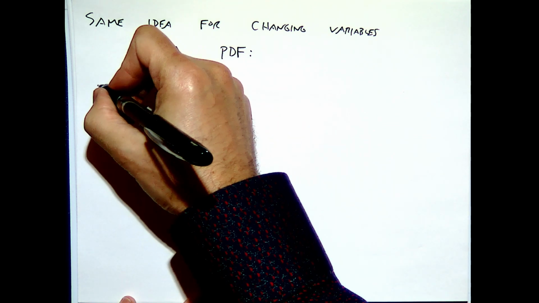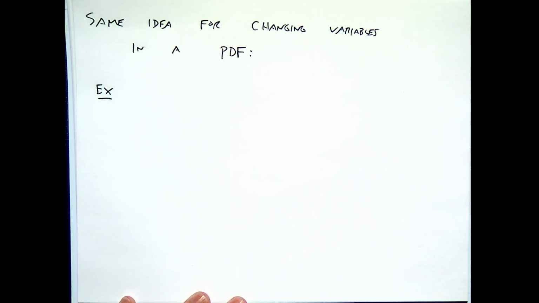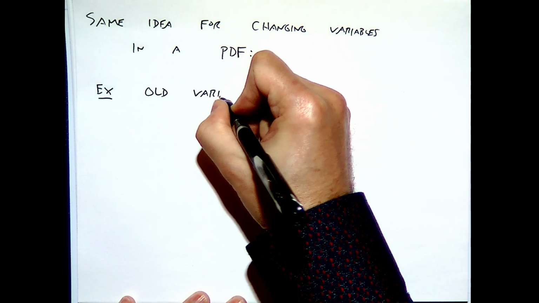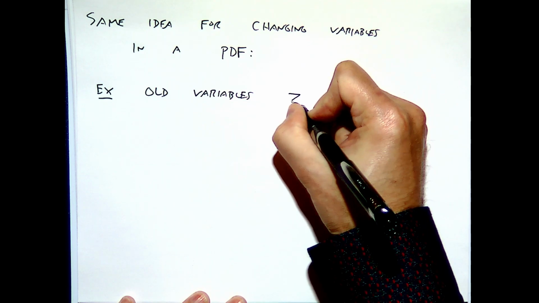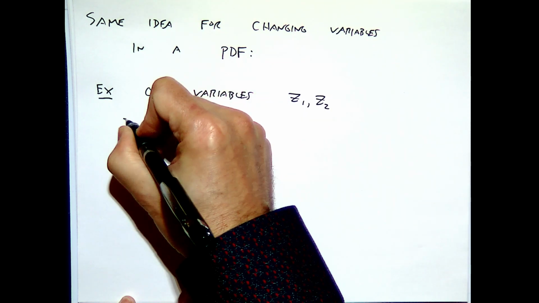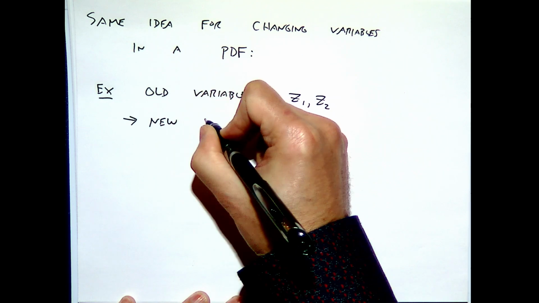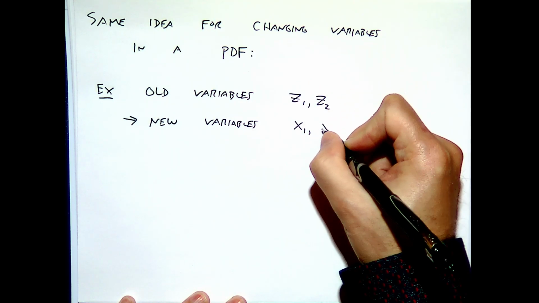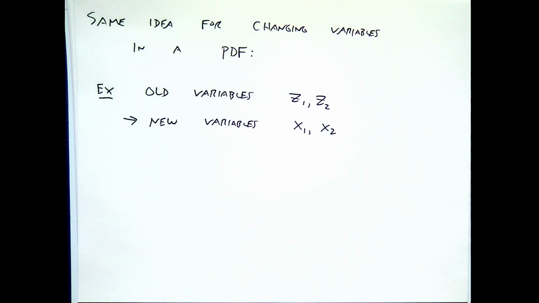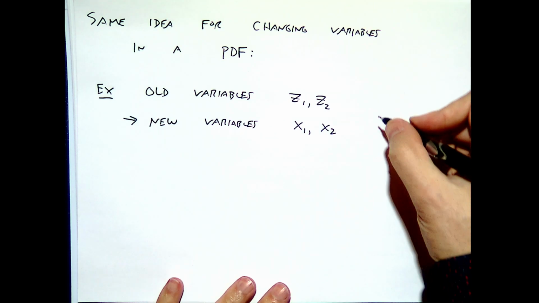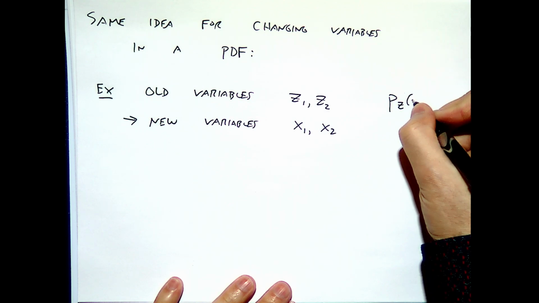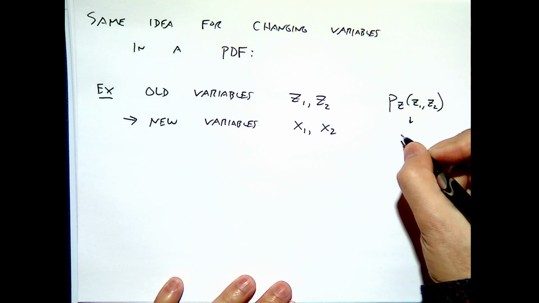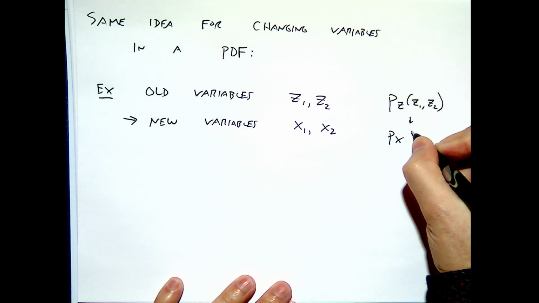So for example, if I had old variables z1, z2, and I'm turning them into new variables x1, x2, and I have the PDF in z, I want to know what the PDF is going to be in x.